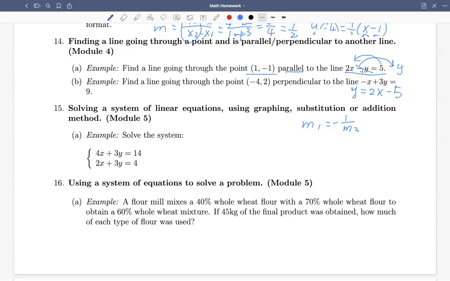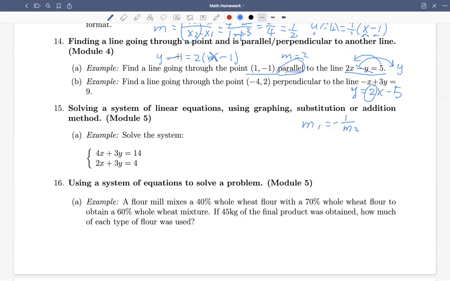So what's the slope? Slope is 2, right? Parallel lines have the same slope. So we have a slope equal to 2. And then we have 1 point. We can use the point-slope formula. Point-slope formula says y minus -1 equals 2 times x minus 1, right?